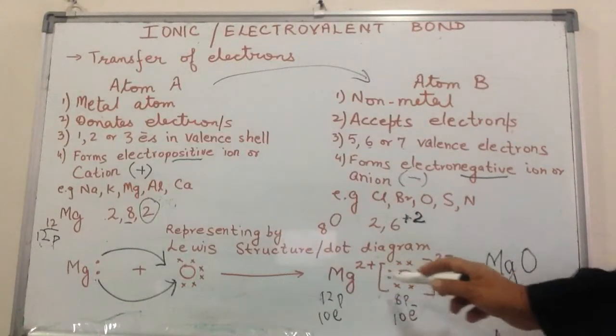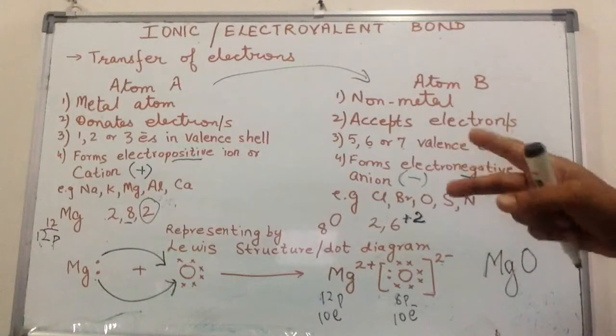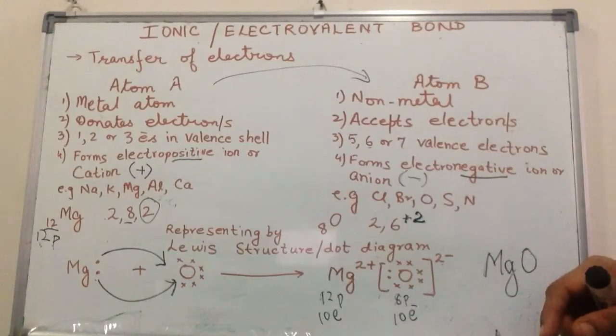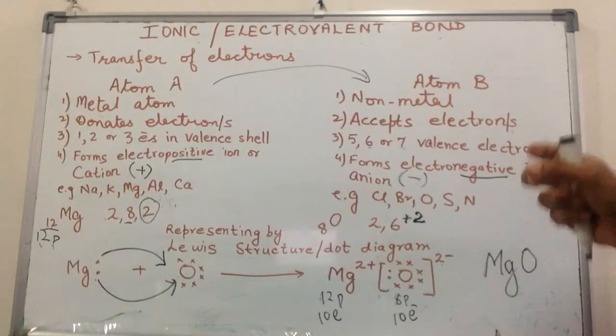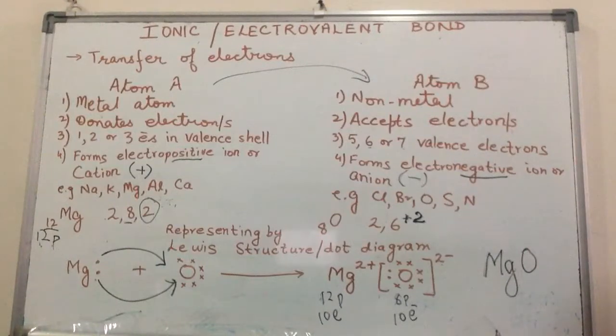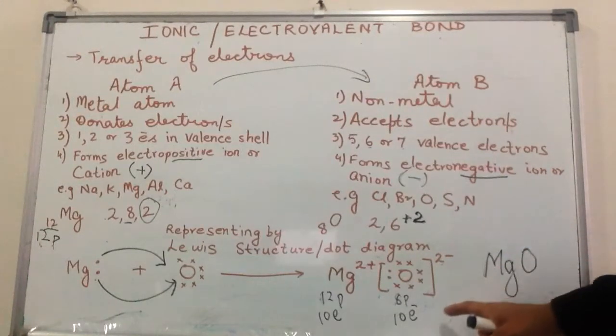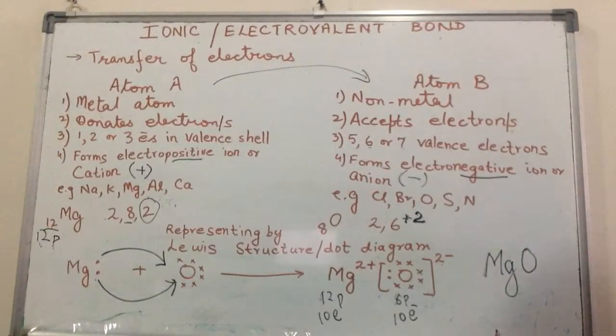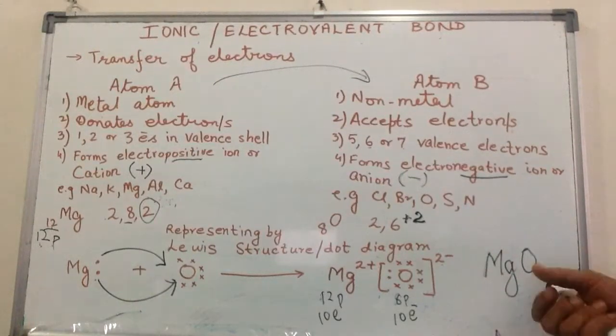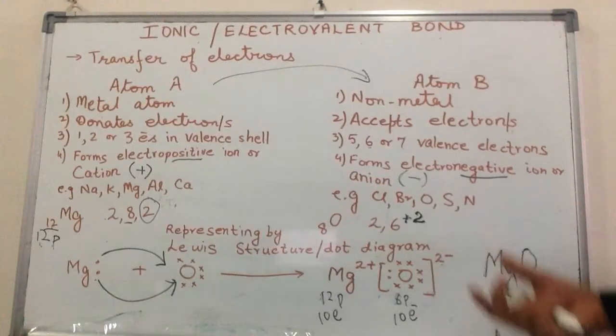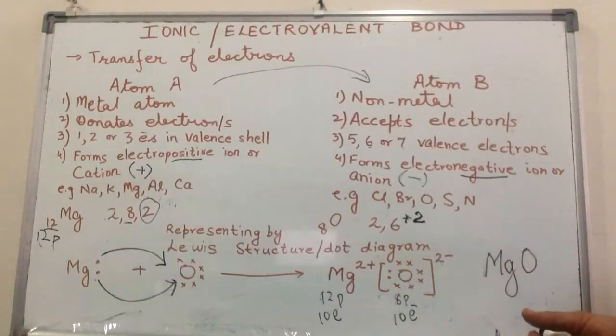This bond is formed by the attraction of 2 opposite charges in nature. This type of attraction is very strong, and because it is very strong, it is held closely. That is why we find that compounds formed by ionic bond are strong compounds. In order to put these ions away, in order to melt them also, you will need high temperature.